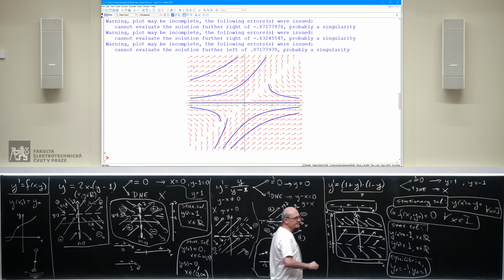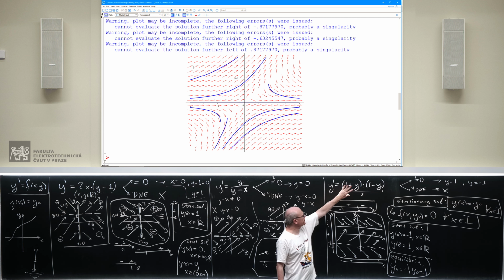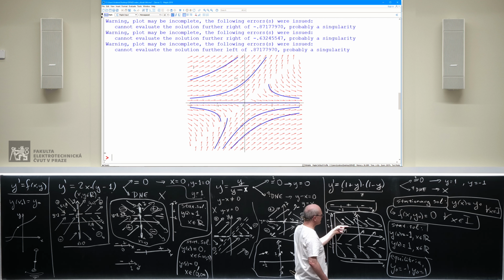What does stability mean? Stability means that for a second somebody switched off this equation. You are running along this solution nicely, feeling good. Suddenly somebody switches off this differential equation, moves you away, and then switches it on again. And the question is, do you get back to your original position? Well, perhaps not exactly, but in the limit. We would be happy with the limit.